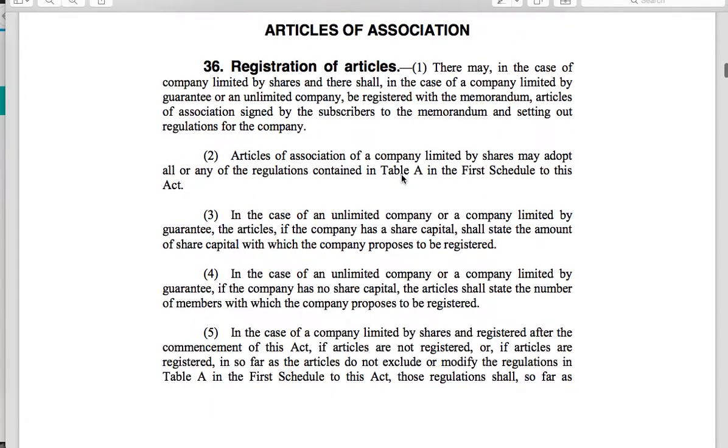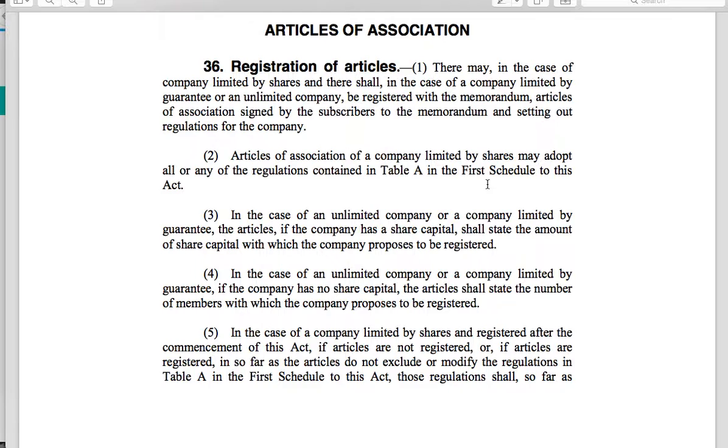Articles of association, the bylaws, are given here in the law in Table A in the First Schedule, and every aspect starting from election of directors, incorporation, paid up capital, accounts, winding up, borrowing power, all of them are mentioned there. So if you want to change them, then you will have to make a special articles of association.